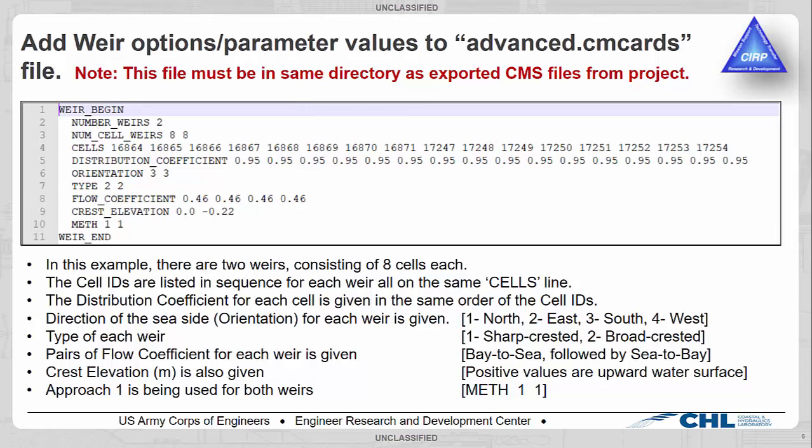And so again, if it just so happened that the second Weir that we were defining had 10, you'd have to make sure that it was in the right order, because it's going to be reading through these cells and assigning them in a proper order as you define here. So in this case, we do have 8 and 8, and so we start listing out the cells. And so 1, 2, 3, 4, 5, 6, 7, 8, and then the next 8 are here.